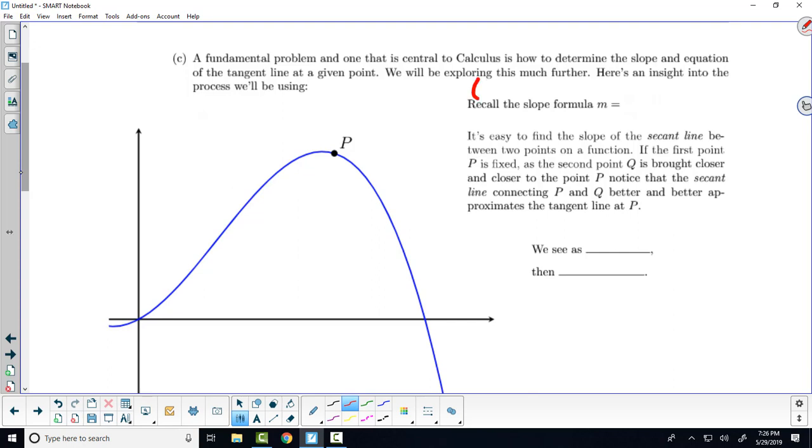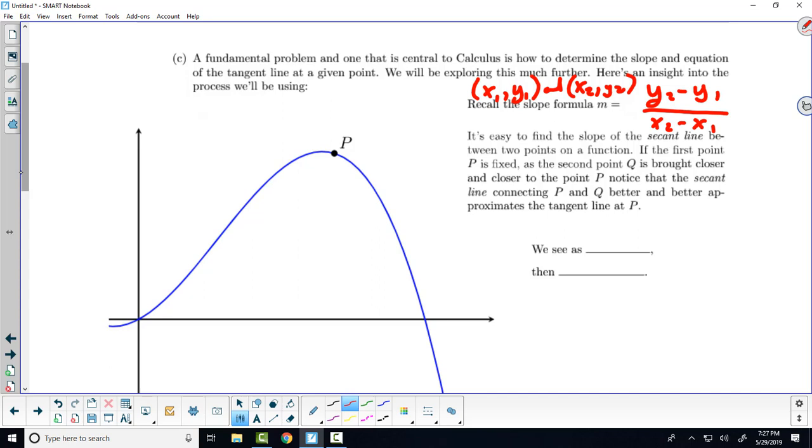Well, let's say we were passing through the ordered pairs x1, y1, and x2, y2. How do we find the slope of the line connecting those 2 points? Yeah, we look at the difference in the y values over the difference in the x values. That is the slope.